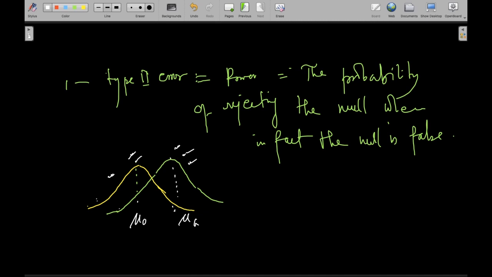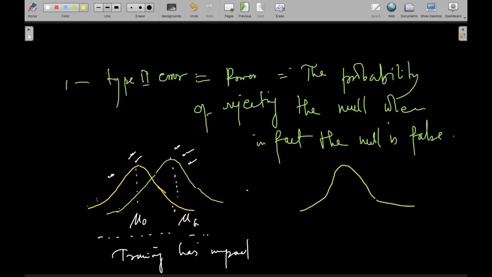If the training does not have any impact, my yellow distribution and the green distribution will coincide, because the population is going to remain the same and every characteristic is going to remain the same. So let me write mu0 equal to mu a.